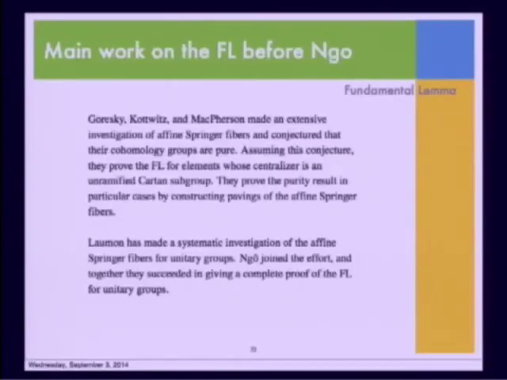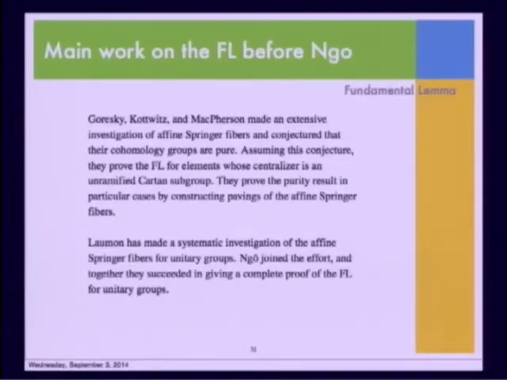So then, starting I think around 1990, Goresky, Kottwitz, and MacPherson made very extensive investigations of these varieties, the affine Springer fibers. And based on their investigations, they made a conjecture that the cohomology groups of these affine Springer fibers are pure.